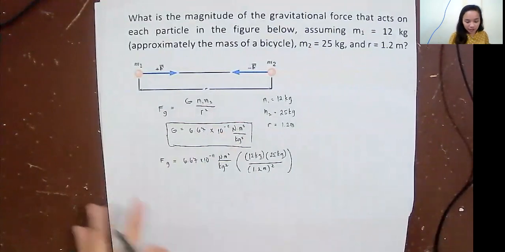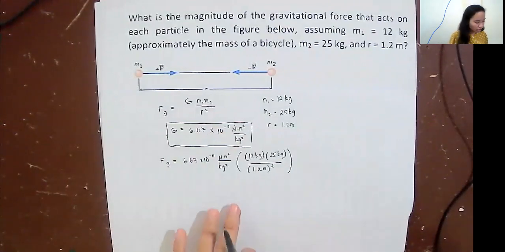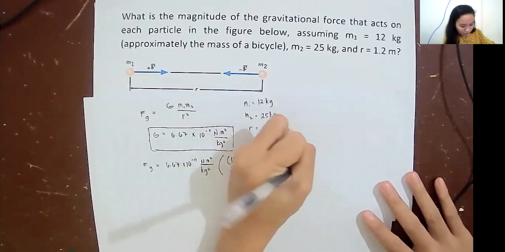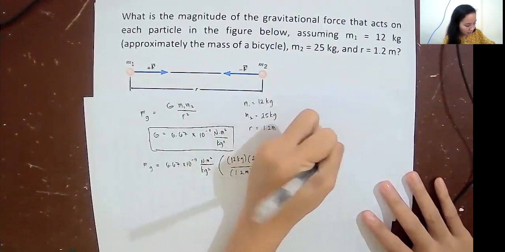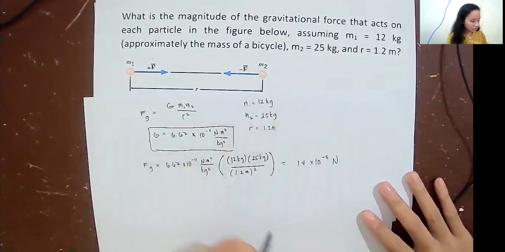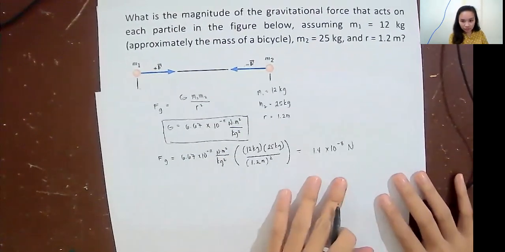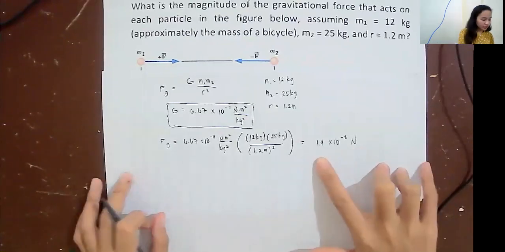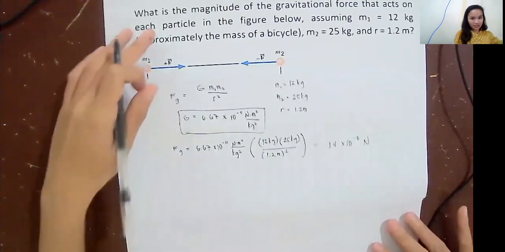So you plug this into your calculator, and then you will get 1.4 times 10 raised to negative 8 Newton. So this answer is rounded off. Okay, so there it is. This is now the answer for this example.